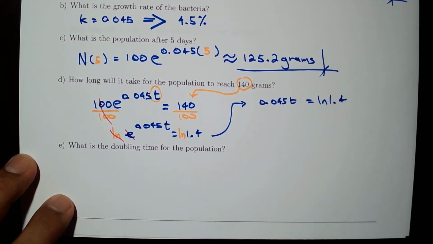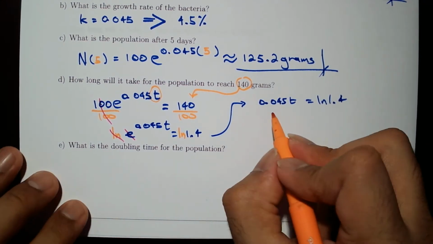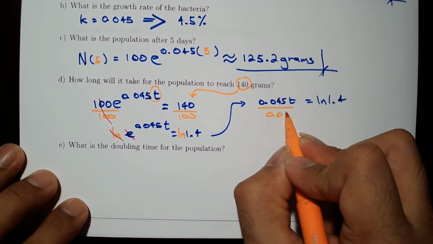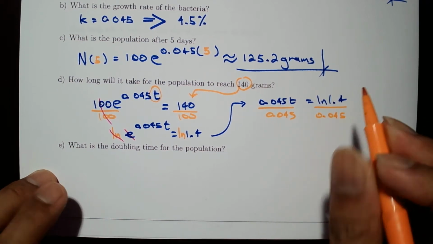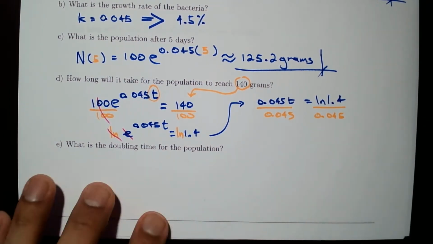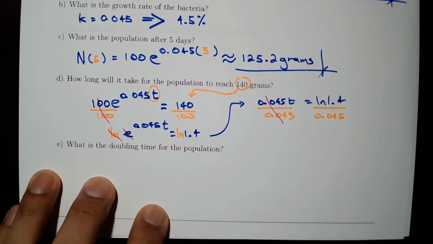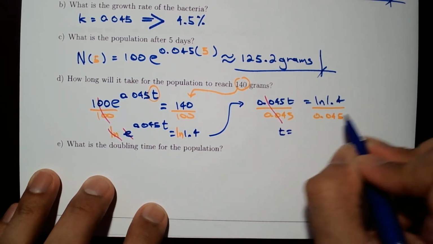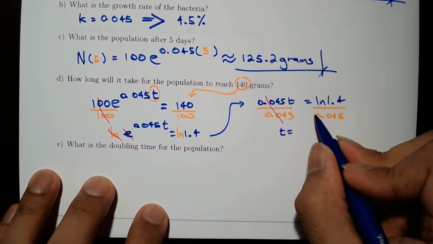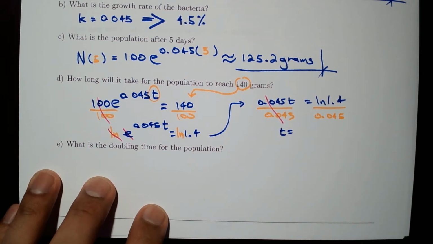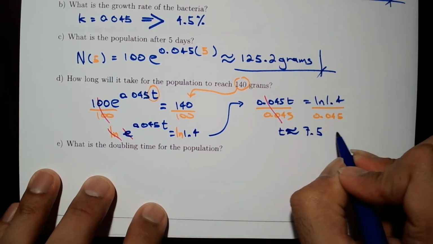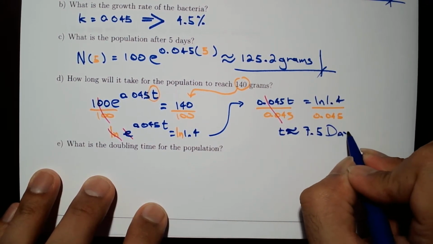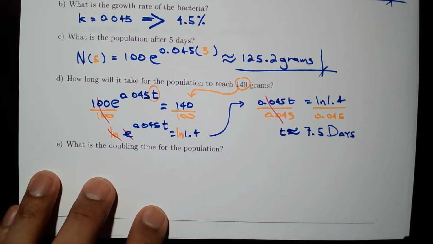Dividing both sides by 0.045 gives us the value of t. Using the graphing calculator, I get approximately 7.5 days.